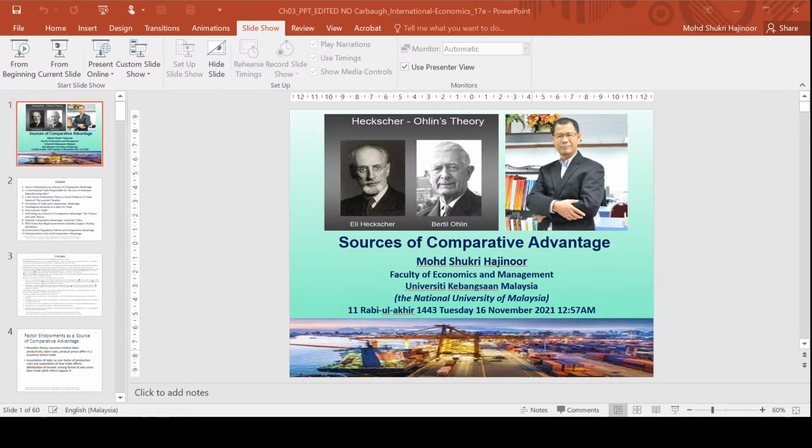So this industrial policy becomes the basis for trade, other than comparative advantage, other than factor endowment. So factor endowment is only Heckscher-Ohlin, the rest is non-Heckscher-Ohlin. They will achieve the same, which is comparative advantage. So that's the concept.